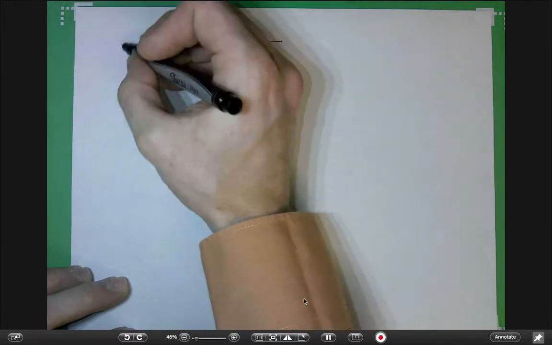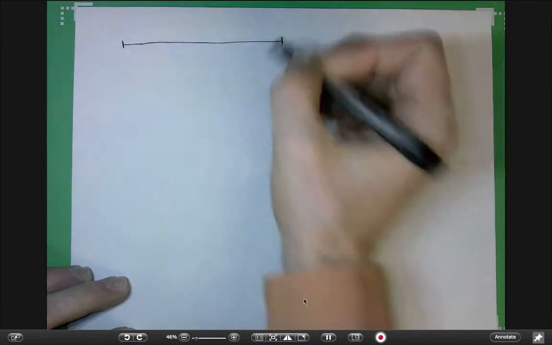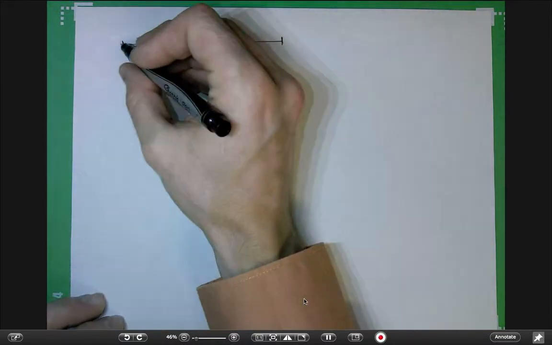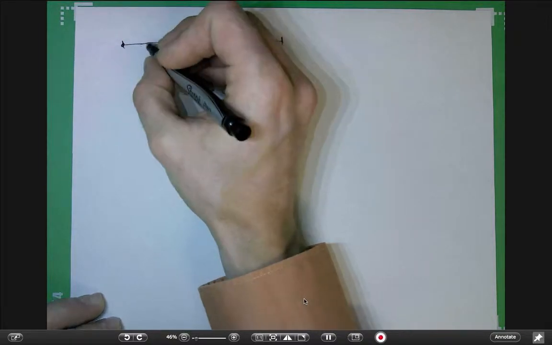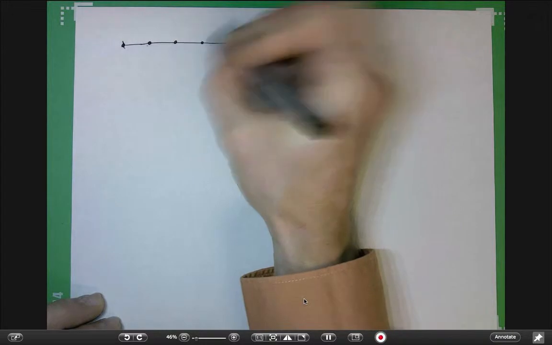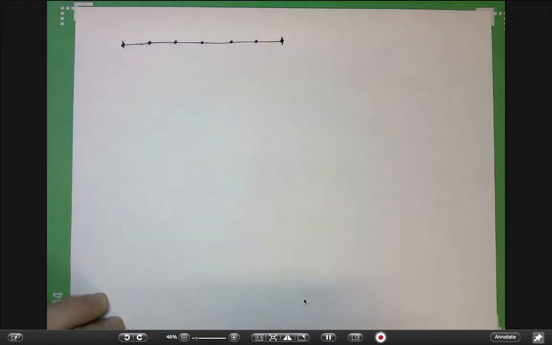I want to model a physical object, like a rope, that's attached at some endpoints. And I model the rope essentially as a mass-spring system. So here I have some mass points which are attached with springs.